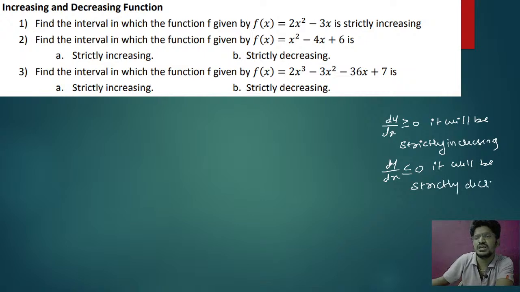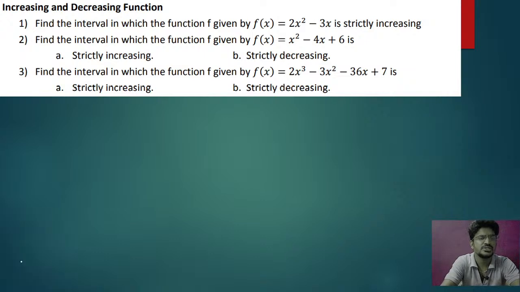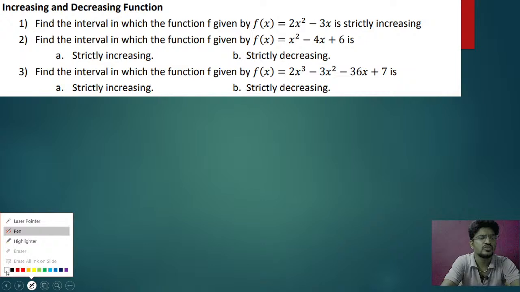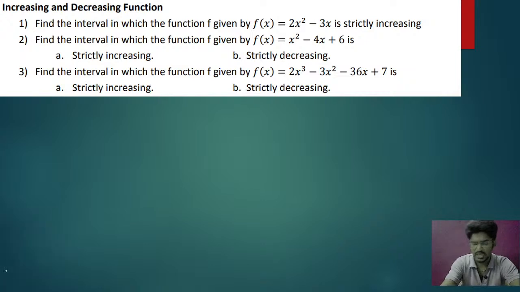Remember that whenever the function is going to be decreasing, dy by dx is going to be lesser than or equal to 0. Whenever it is going to be increasing, it is going to be greater than or equal to 0. With that, now we can go for our problems and we shall see how to solve increasing and decreasing functions. Let us begin this.